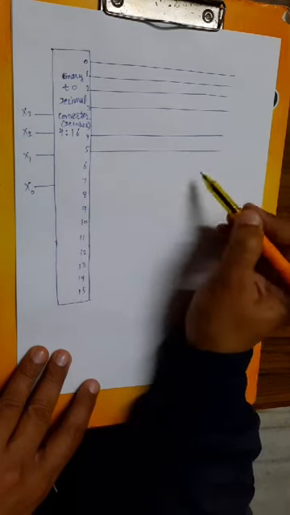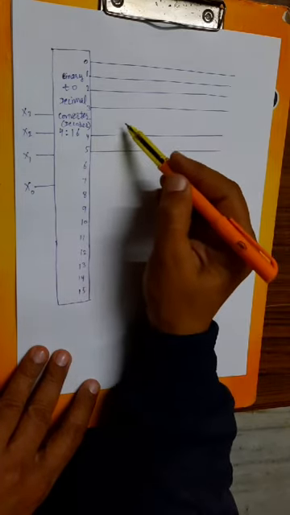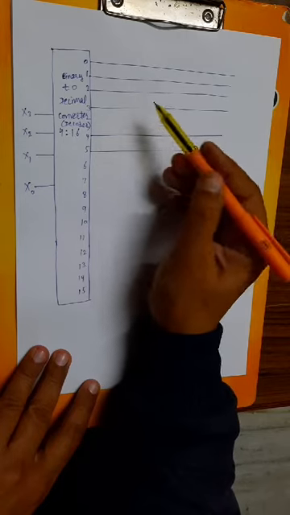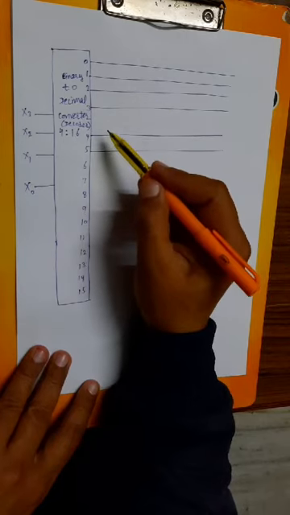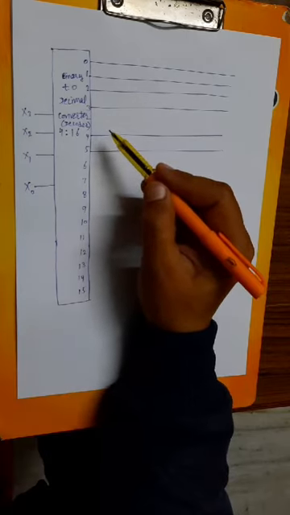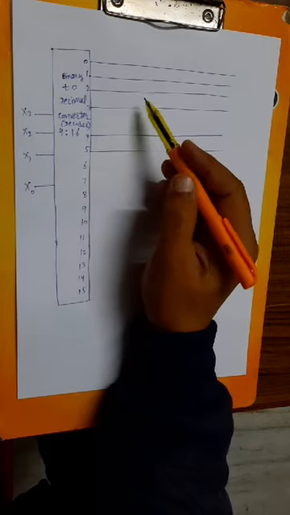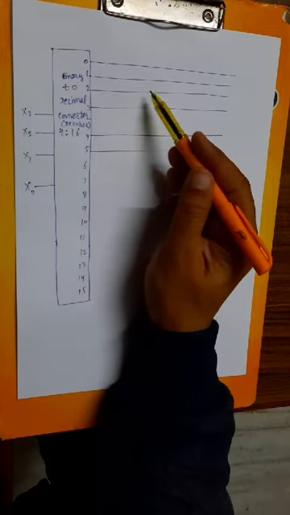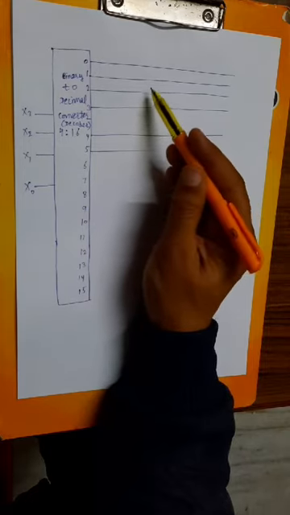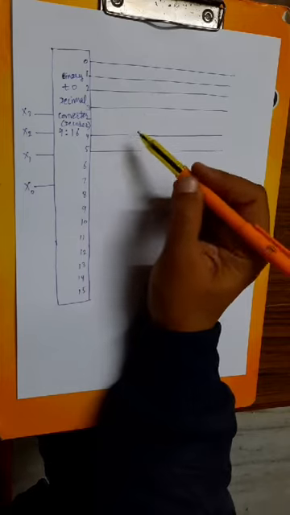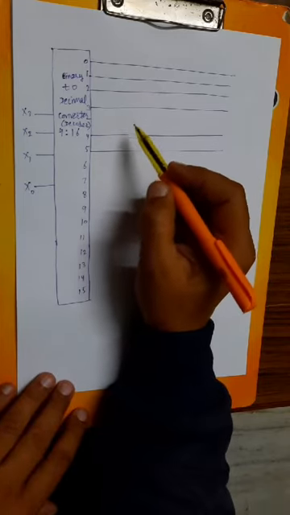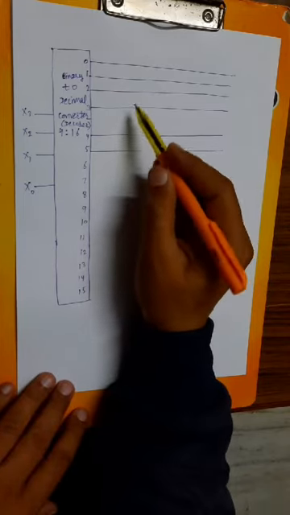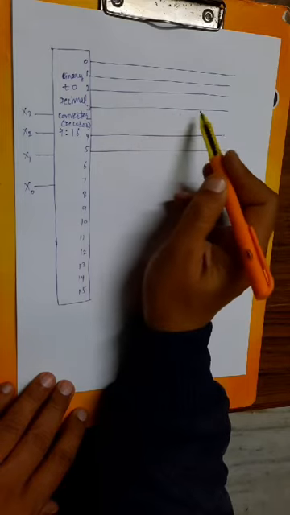There may be more difference as compared to other lines, but this is only some gap due to drawing only. Otherwise, you can draw the difference as same difference. So please don't think that why this difference is much more than these. No effect of this.